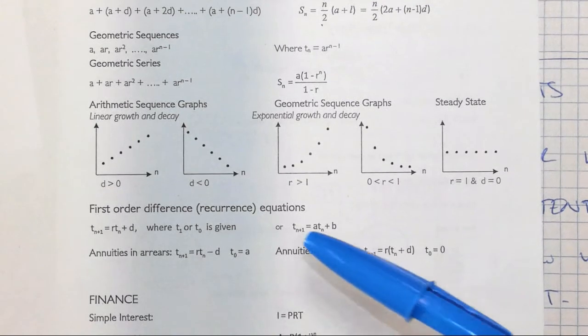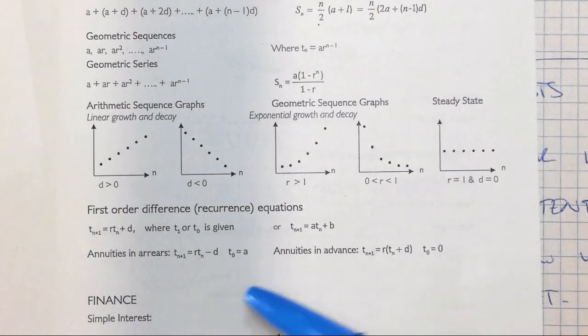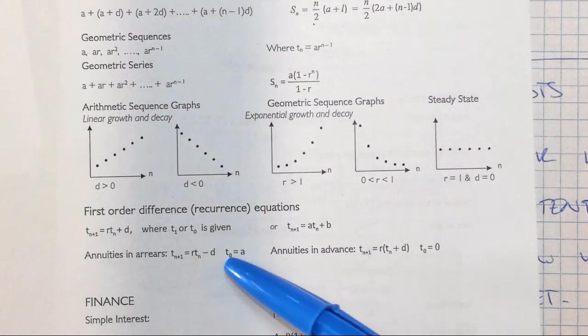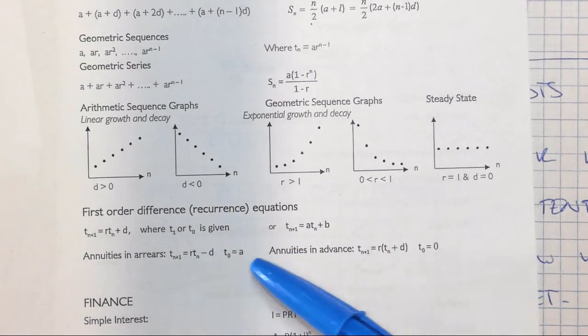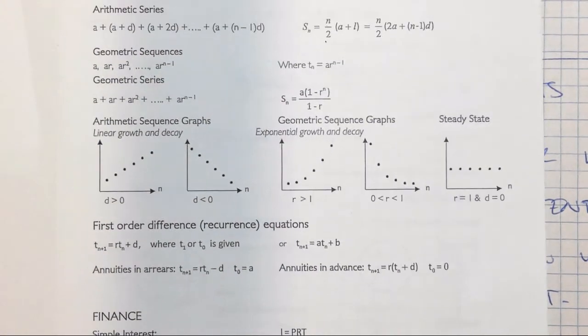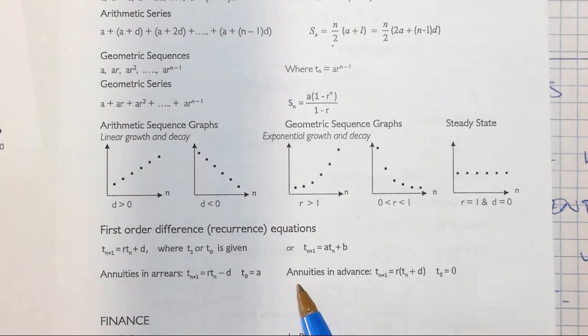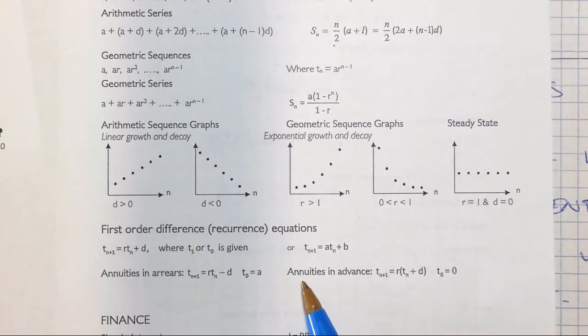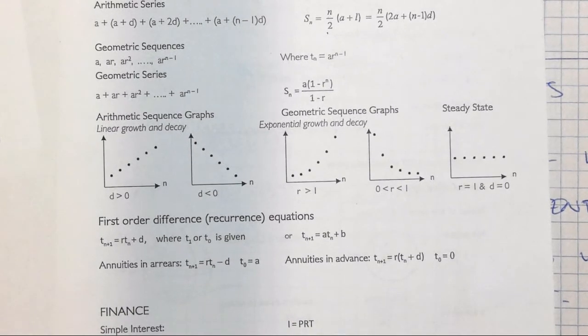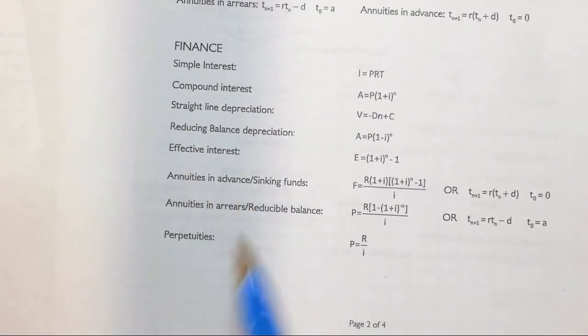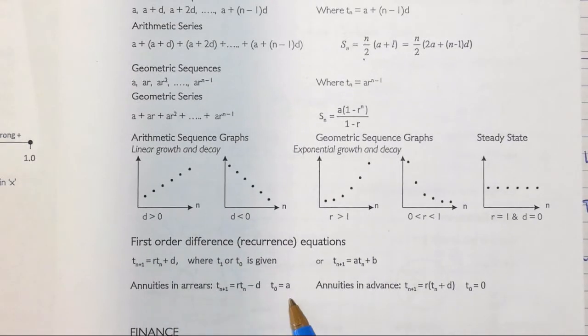Do not worry about these two equations here. The bottom two, annuities in arrears and annuities in advance, don't worry about that for now. If you're looking at them going, what the heck, I don't know what they are, that's okay. We didn't cover that, that was at the end of the unit, and I discussed that this annuities part, we actually cover in finance now, not really in sequences. So don't worry about that.